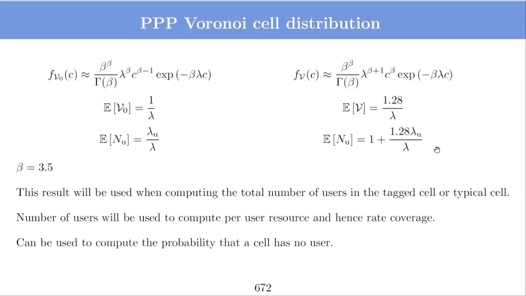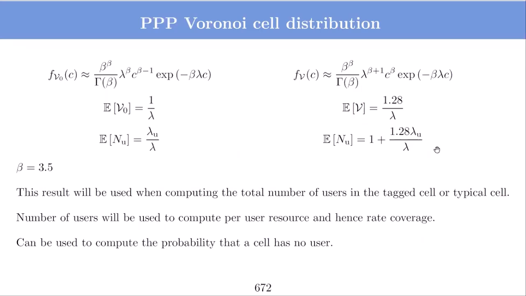This result is generally used when you compute the total number of users in the tagged cell, which helps us compute the per user bandwidth or resource available, and that is generally used to compute the rate coverage. This can also be used to compute the probability that the base station has no user. When is that important?